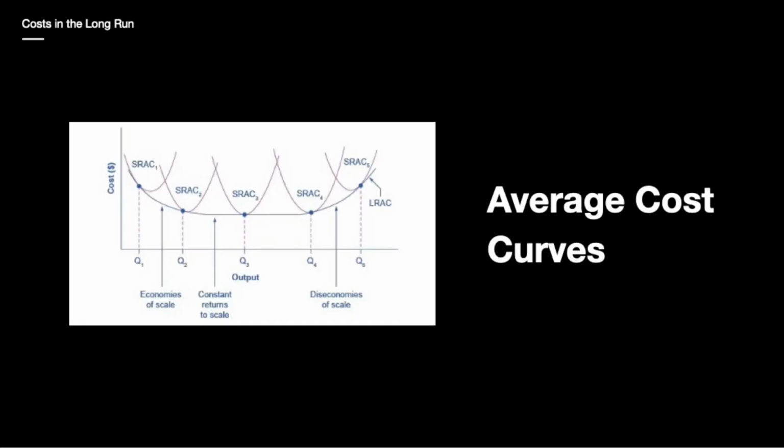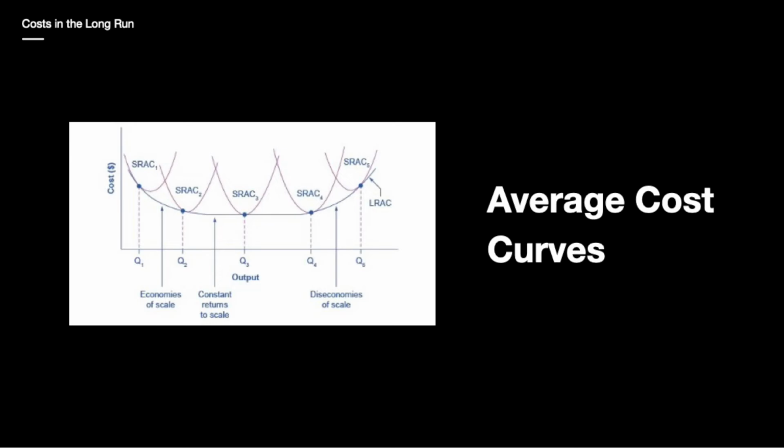From short-run average cost curves to long-run average cost curves. The 5 different short-run average cost curves each represent a different level of fixed costs, from the low level of fixed costs at SRAC1 to the high level of fixed costs at SRAC5. The other SRAC curves, not in the diagram, lie between the ones that are here.